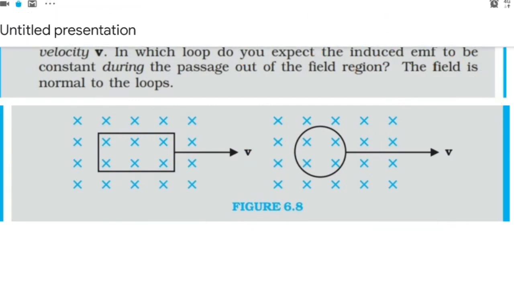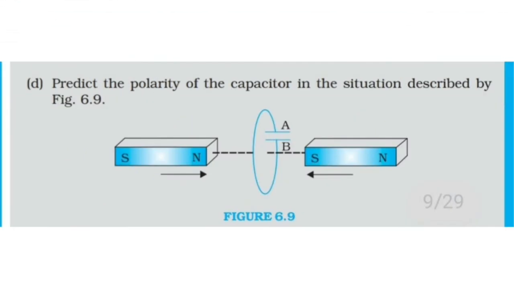Now coming to D part, predict the polarity of the capacitor in the situation described by the figure. So you can see you have a closed loop.